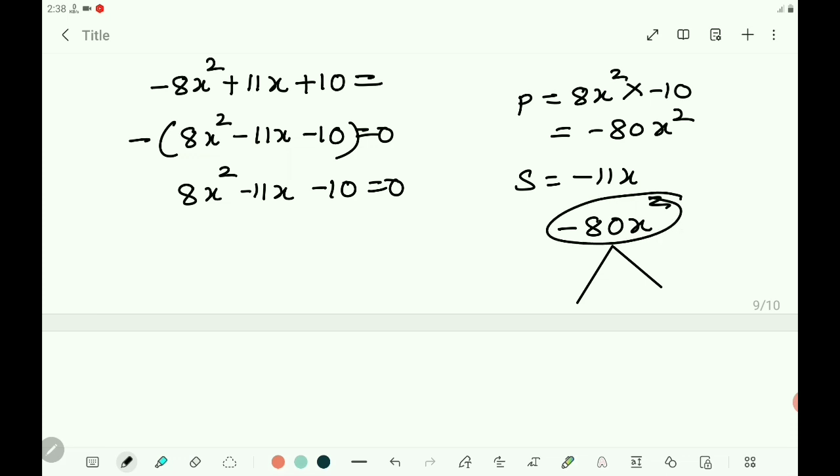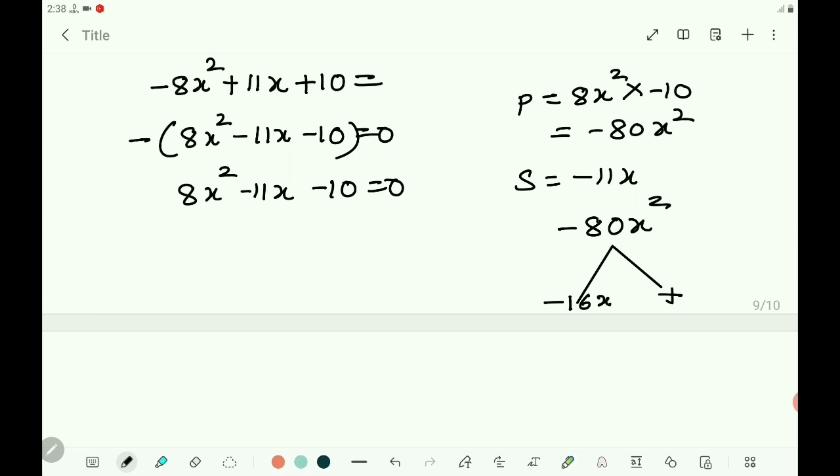Here the product has a negative sign, so the factors have different signs. The greater factor has the negative sign, the smaller factor has the positive sign, and you know that 16 5s are 80.